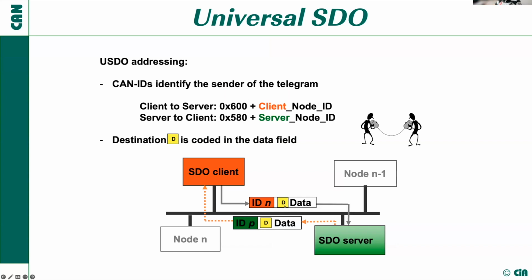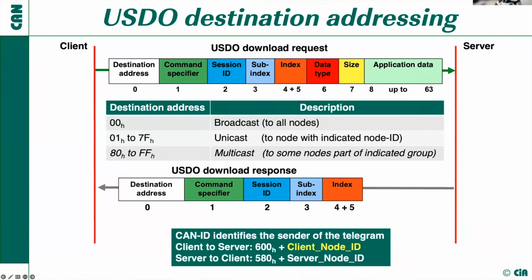This means it's very easy for the client to say, okay, now I want to speak to this device, then to that device, and then to that device, just by modifying this data byte. This allows a very dynamic cross communication in the network. So just the sender of the telegram determines the CAN identifier, no longer the server.